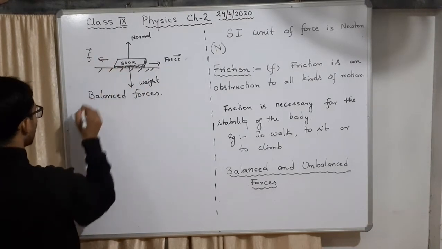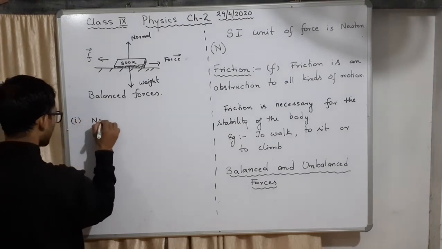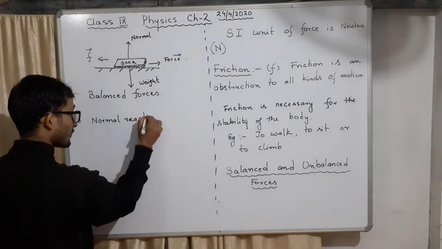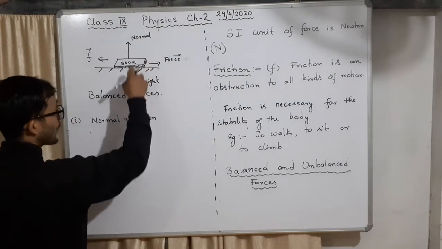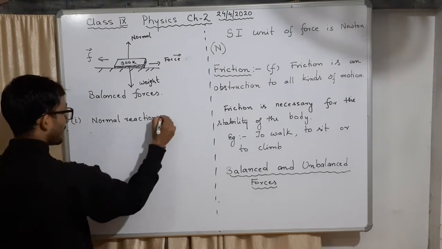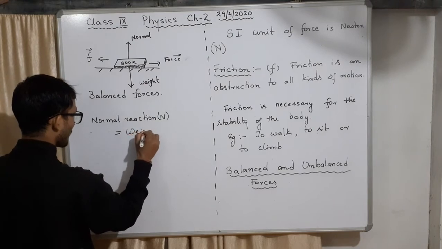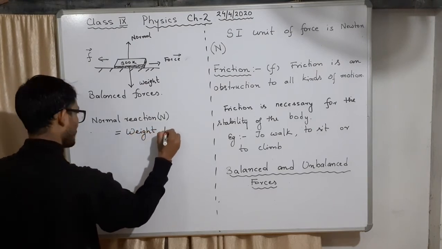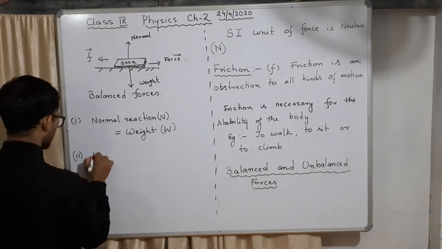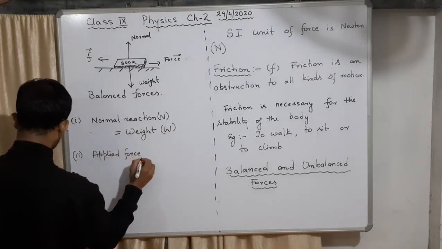Okay, so here we can write normal reaction. Reaction is also a force. Okay, why is it called reaction? Because of the weight they're applying, that is getting that normal reaction. Normal reaction N is equal to weight W. And number 2, here at left and right, applied force.